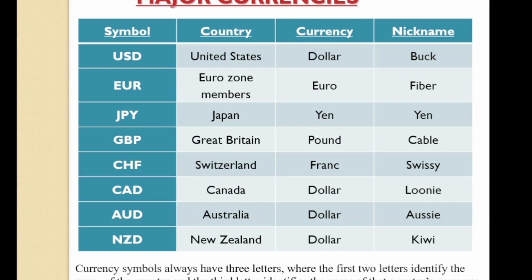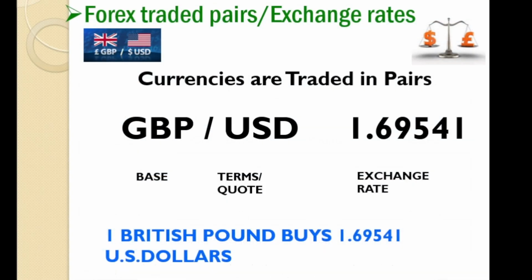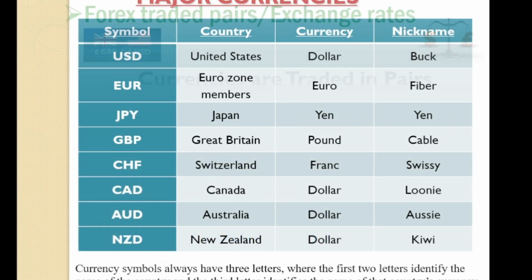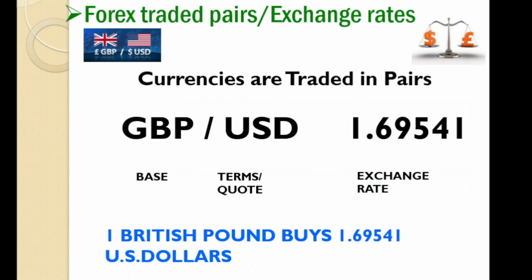For example, USD stands for United States dollar: US stands for United States, and D stands for the dollar. The exotic pairs, as we are going to see, also respect the rule of 3 letters, the first 2 denoting the country's initials and the last the currency.